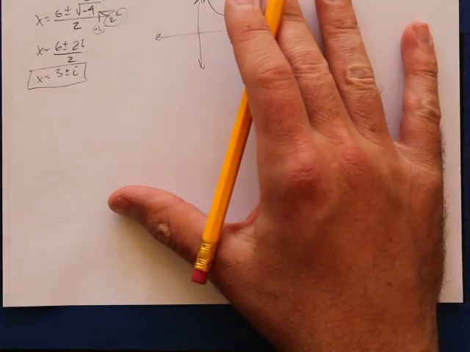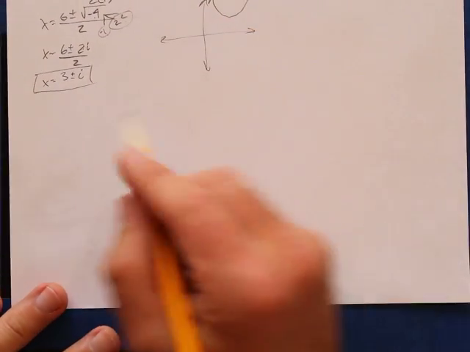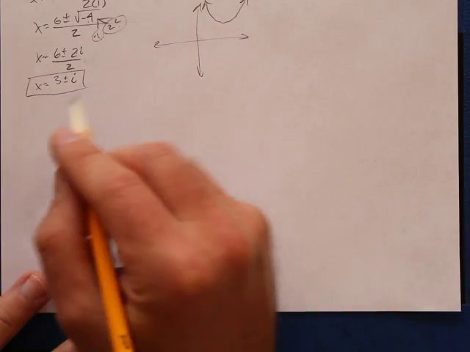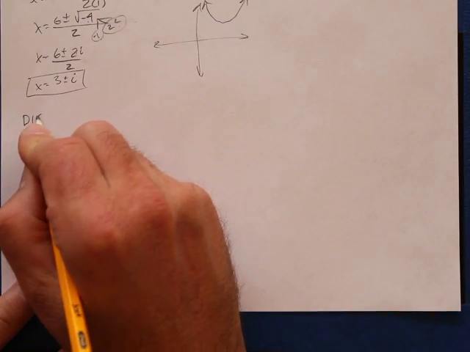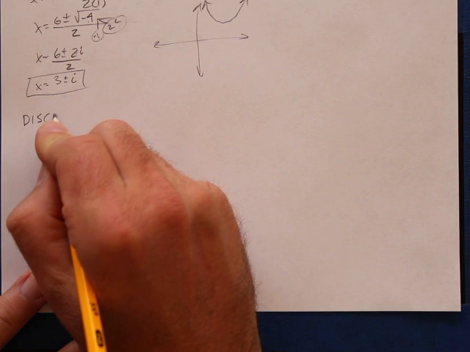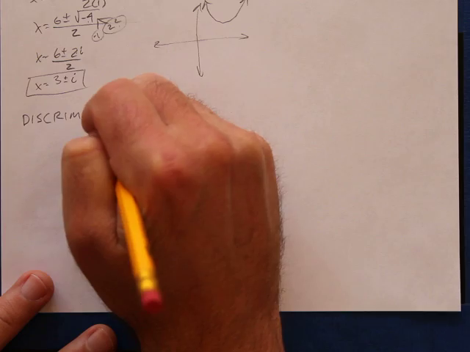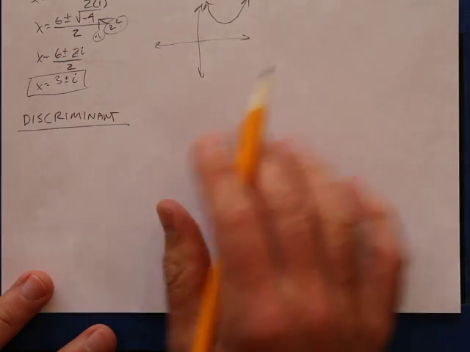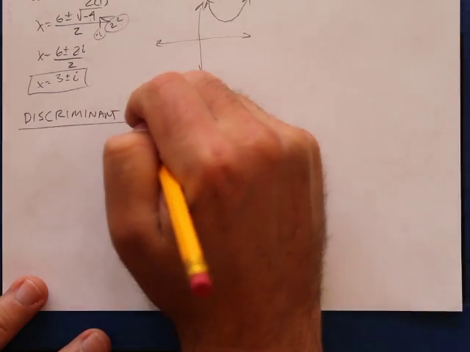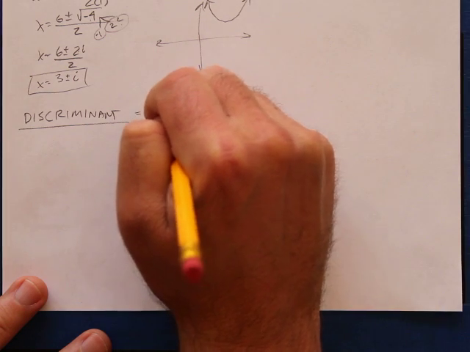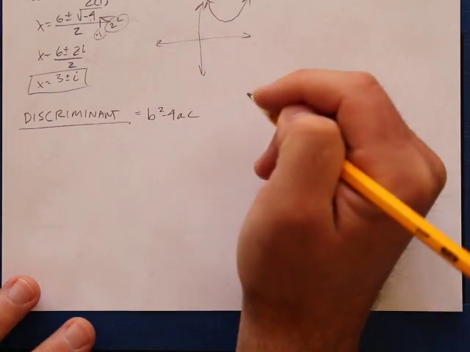And here we are for our last little bit. We're not going to do any more examples. We're just going to fill out a little chart, and we're going to learn a little bit about the discriminant. The discriminant is b squared minus 4ac.